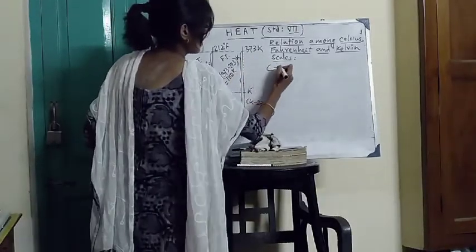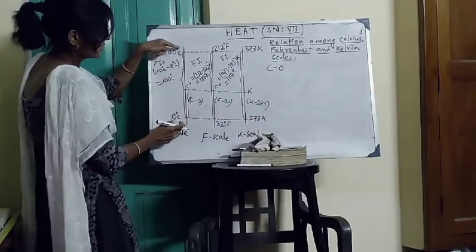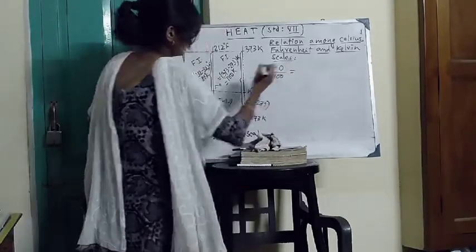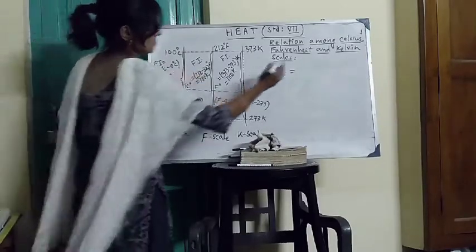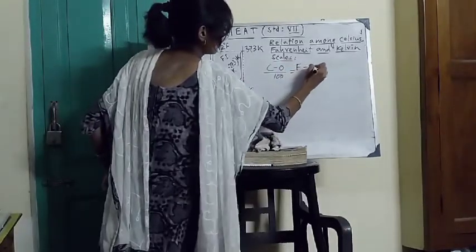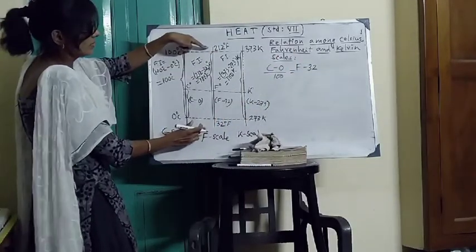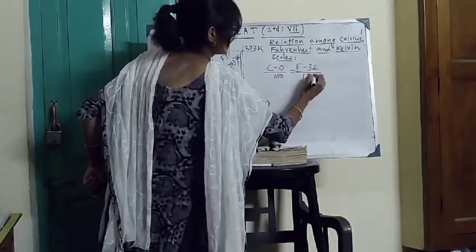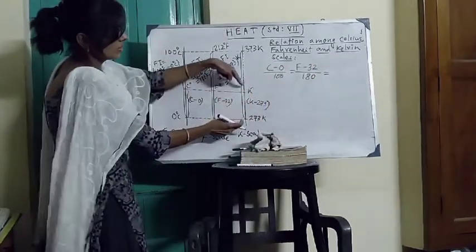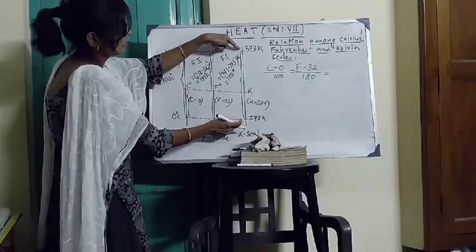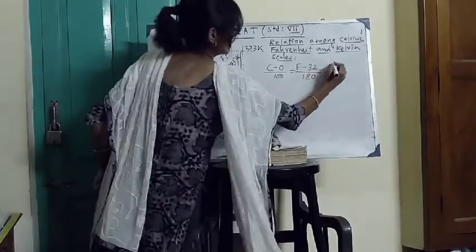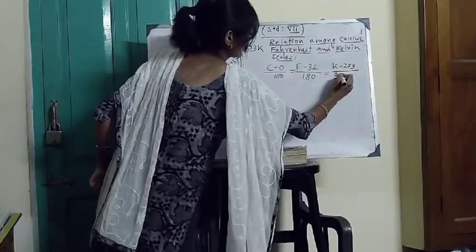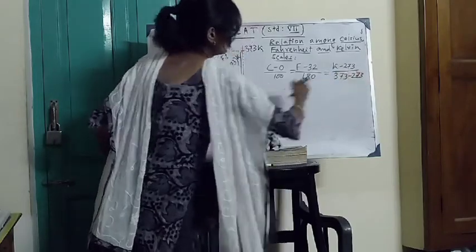Therefore, C minus 0 divided by 100 minus 0, that means 100, is equal to F minus 32 divided by 212 minus 32, that is 180, which is equal to K minus 273 divided by 373 minus 273.